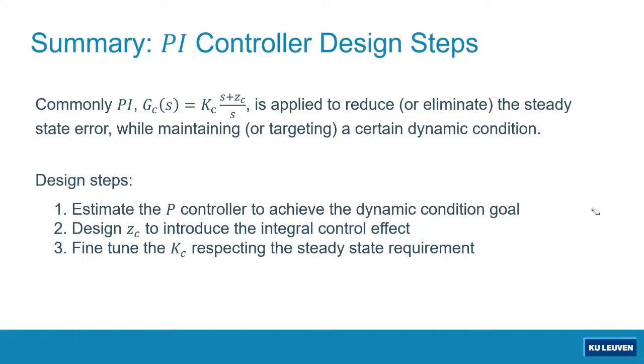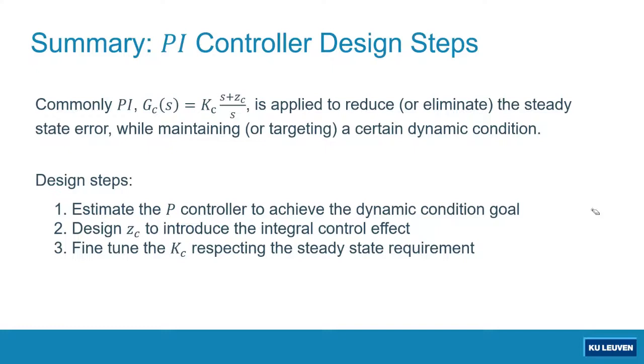As we have already discussed in the last few slides, in designing a PI controller, typically we start by estimating the gain in our PI controller to achieve first the dynamic condition goal, and design the ZC accordingly after that to introduce the integral control effect in order to improve the steady state performance.